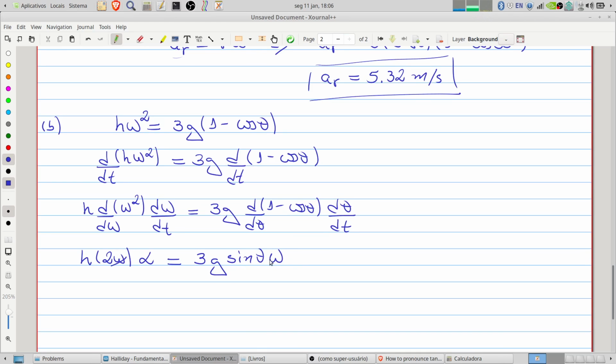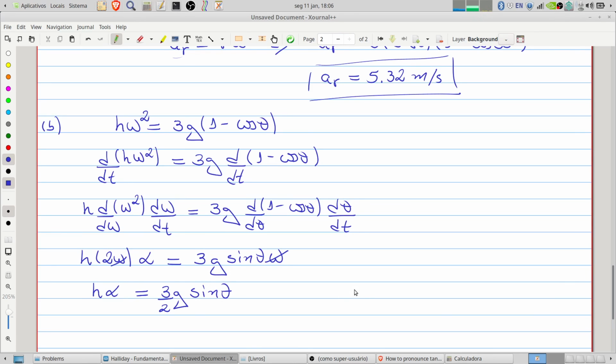So we can cancel the angular velocity, and you have h multiplied by alpha equals 3g. Oh, here we have 2, so we can divide here by 2, times sine of theta. Okay.